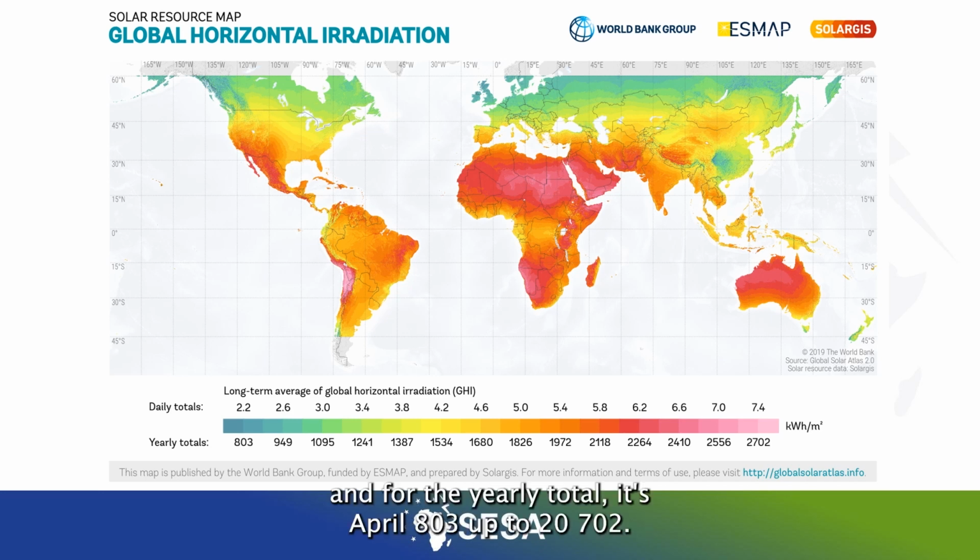And for the yearly total, it's 803 up to 2702. We see that the concentration of the horizontal irradiation is well present in Africa, which is our aim for the SESA project.